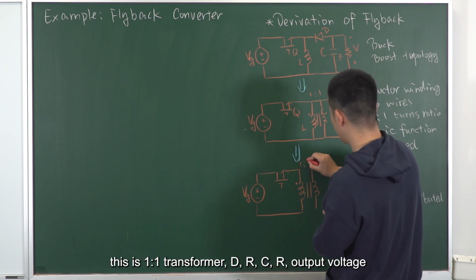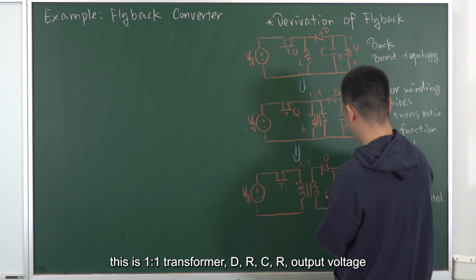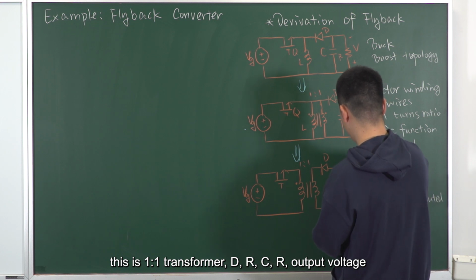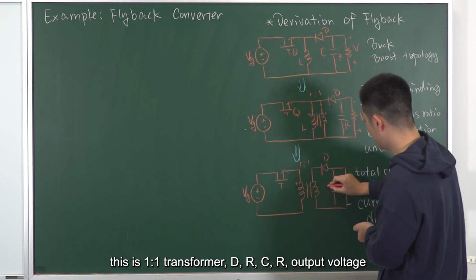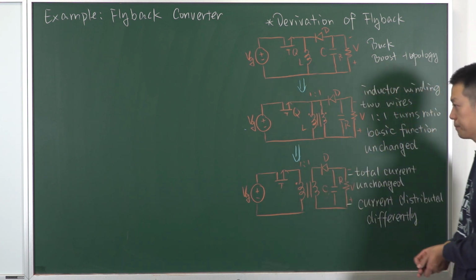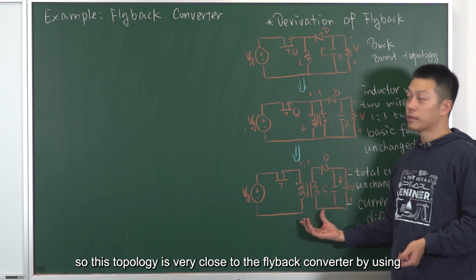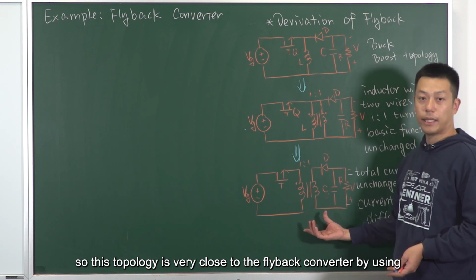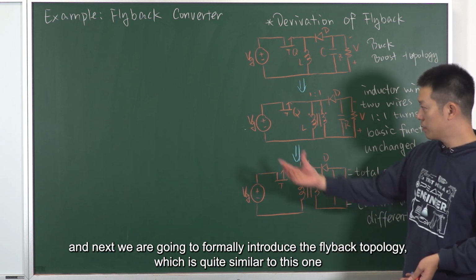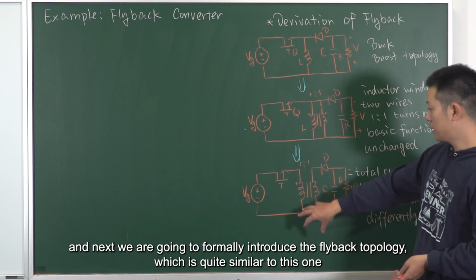So this is the 1-to-1 transformer, D, R, C, R, output voltage. This topology is very close to the flyback converter we're using. Next, we are going to formally introduce the flyback topology, which is quite similar to this one.